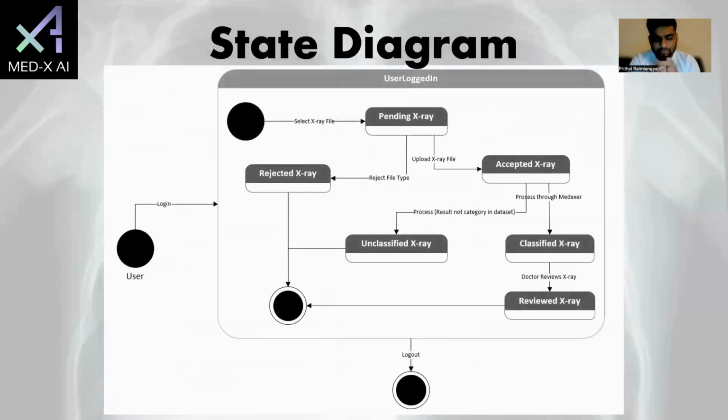This is a little bit of the state of our app. The user logs in, selects an X-ray file and uploads it. The X-ray file would then show as pending. If the X-ray uploaded matches the conditions, such as PNG, JPG, all the conditions that we have put in, it would be accepted, and then it would be classified into whether it's reviewed or not reviewed.